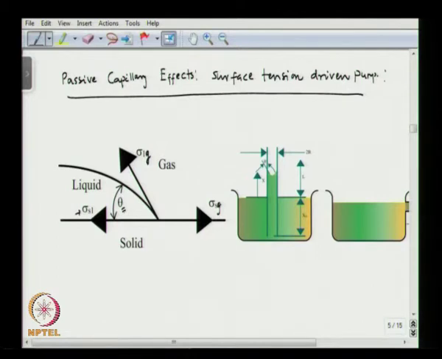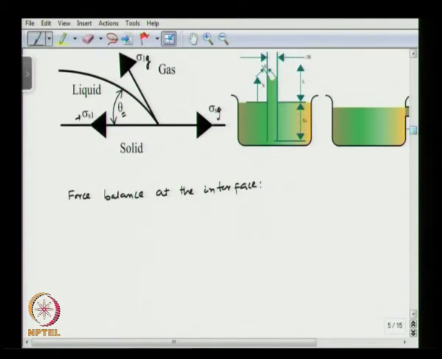So we can write the force balance at the interface. If you do force balance along the interface, we can write sigma solid-gas minus sigma solid-liquid is going to be sigma liquid-gas cos theta.